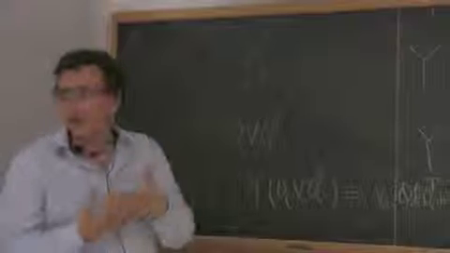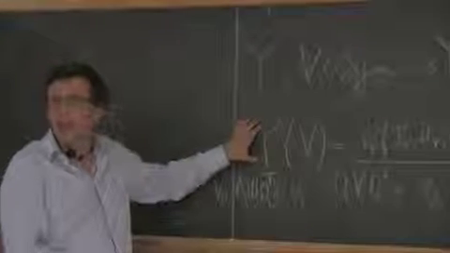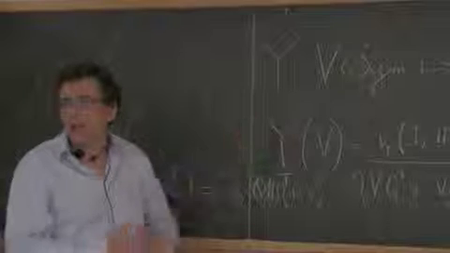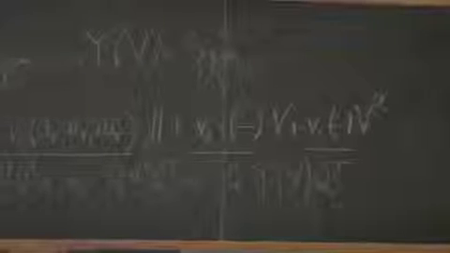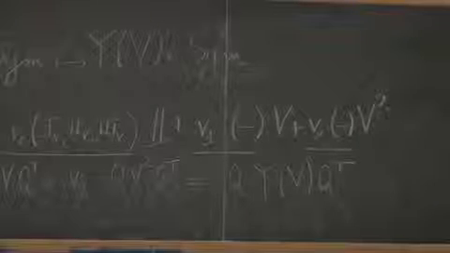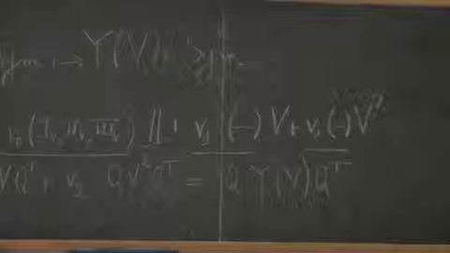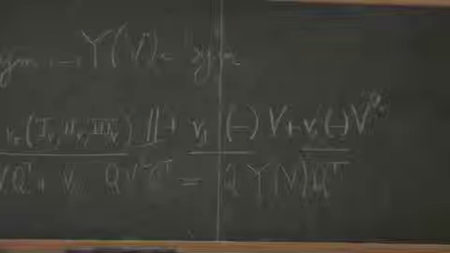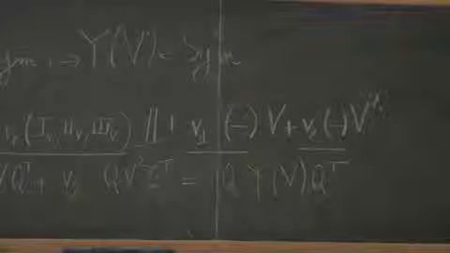I mean, to prove that every isotropic function can be represented in this way will require some time. Okay? So we have proven one half of the theorem. Next time we prove the remaining half.